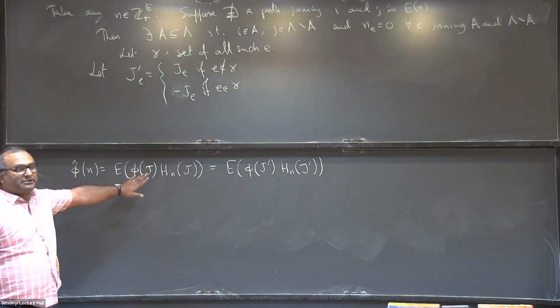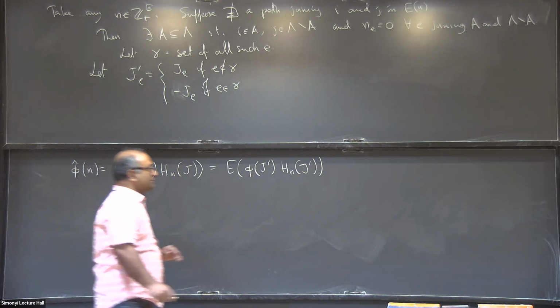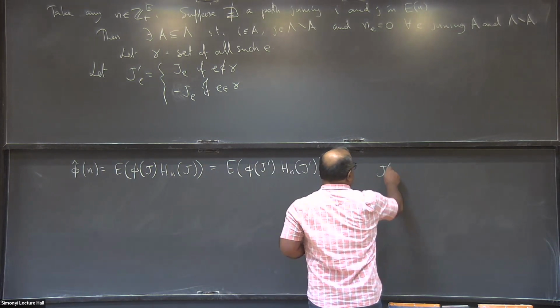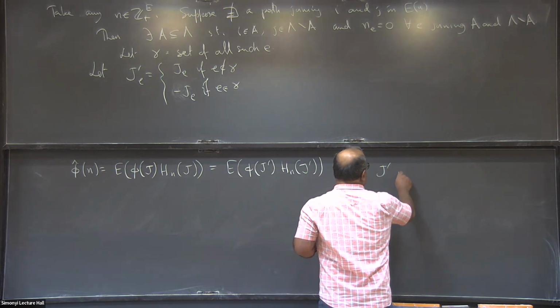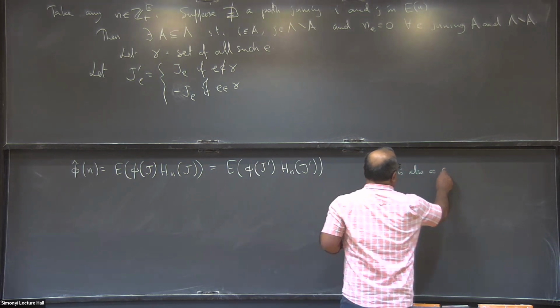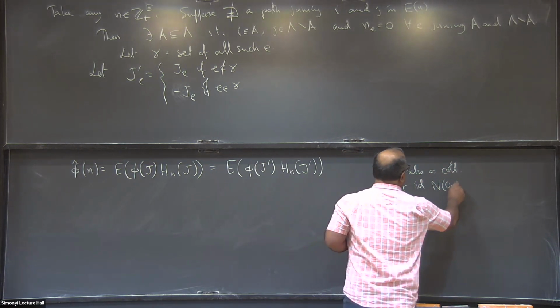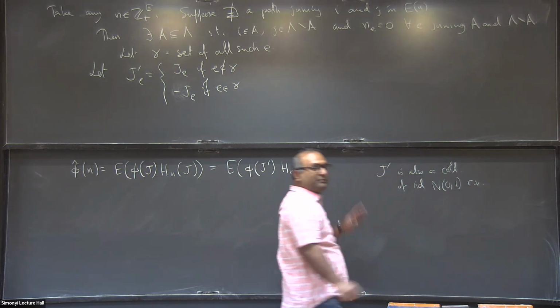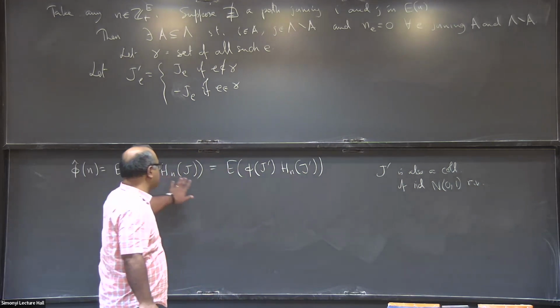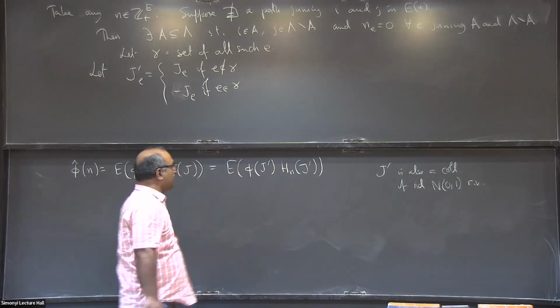So when you take expectation, it shouldn't change, because j prime is also a collection of IID normal 0, 1 random variables. So if you plug in j prime instead of j, the expectation shouldn't change.